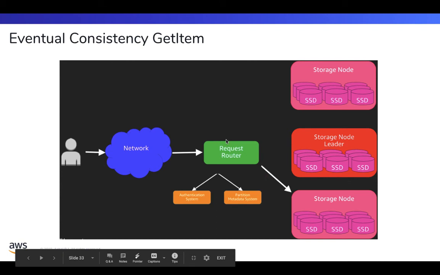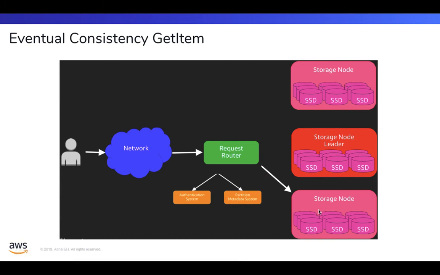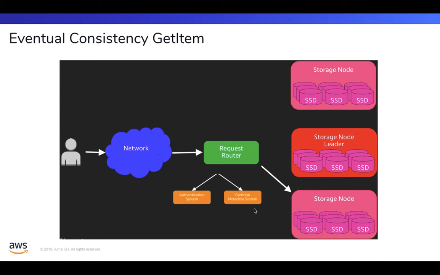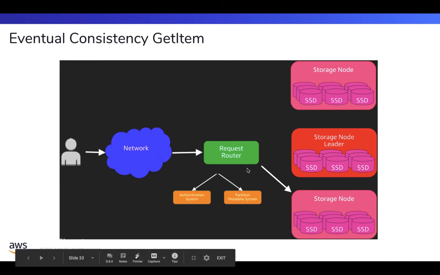Before it communicates with the storage nodes, it has to go through the authentication system and the partition metadata system, where the partition metadata system will know the route or the information about the storage nodes for that particular item.